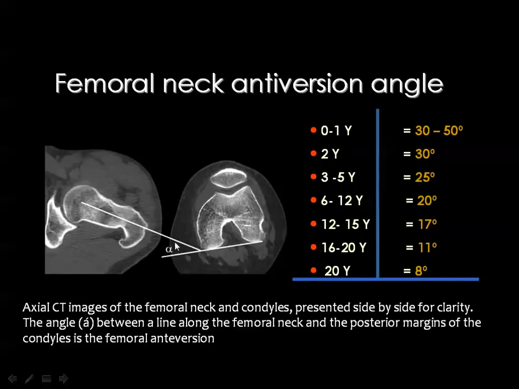Then you measure the angle between this line and that line, and this is the femoral neck anteversion angle. This table shows the normal anteversion angle in relation to the age. The angle is large early in life, and it decreases progressively until it is about 8 degrees by the age of 20 years.